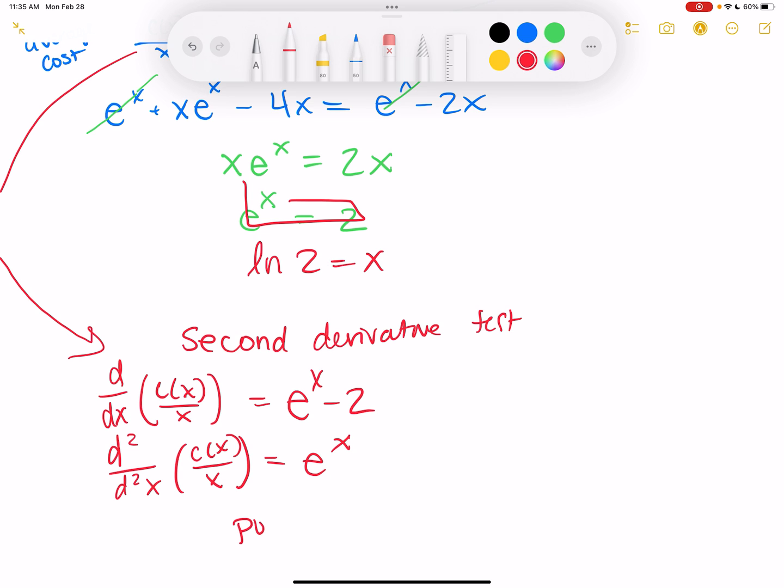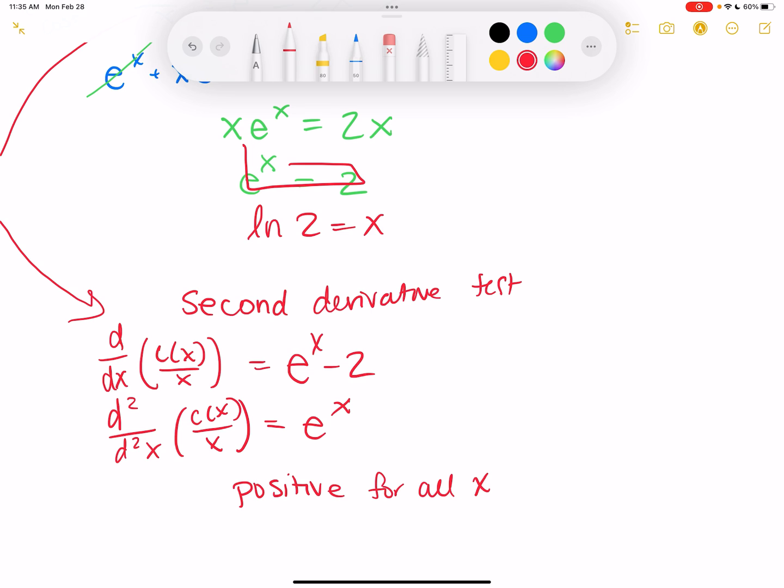So therefore it's positive for all x, because there's no way that can ever be negative with what we're given there. So therefore it's a minimum. Let me make sure that is in fact all that they wanted from us on that. They have some other stuff written there, but that's all they wanted us to do.